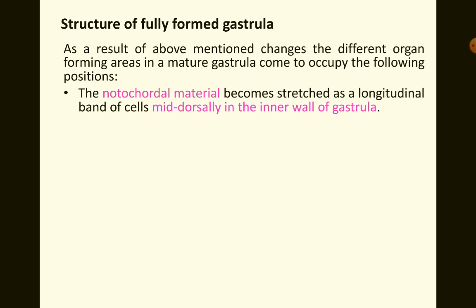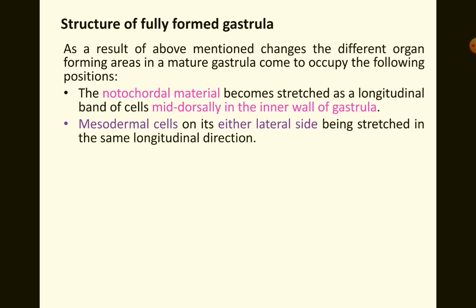So once the gastrulation is fully formed, it will show the following cells in the presumptive organ forming areas in the following positions.